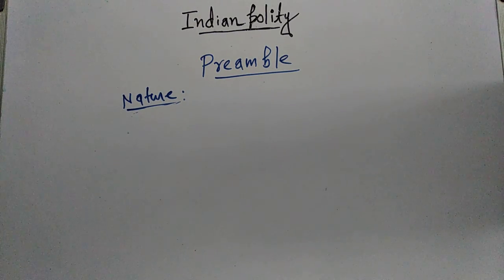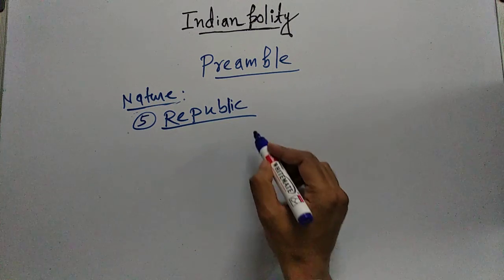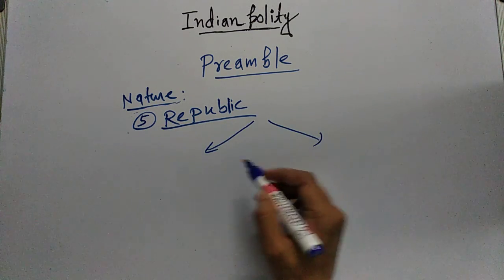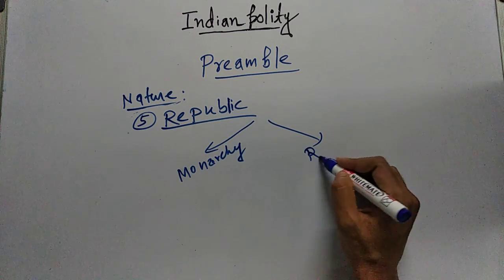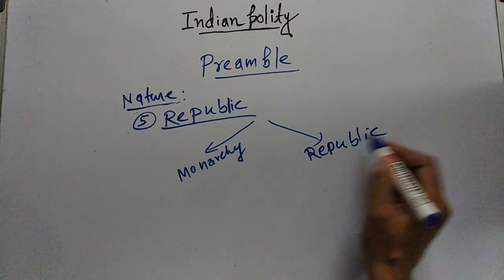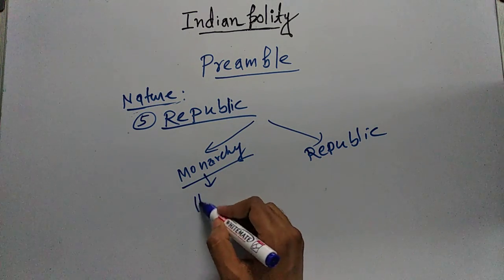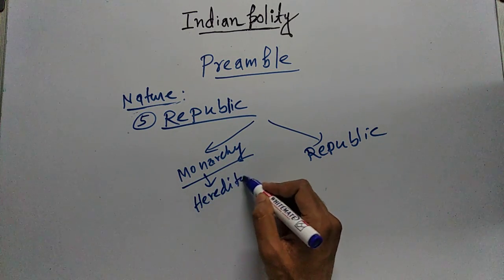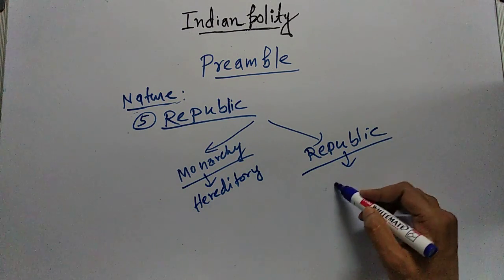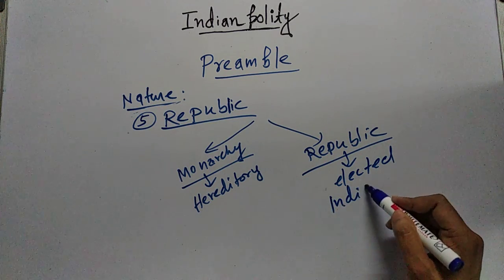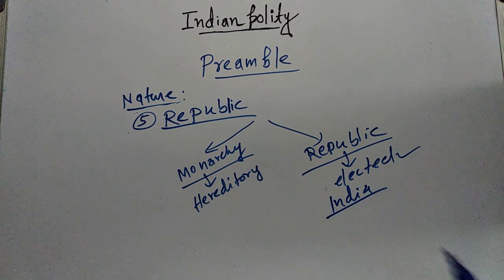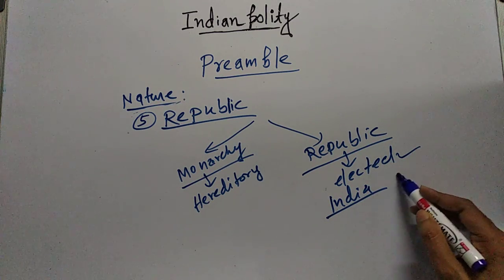Now we will read republic. Any democratic polity can be divided into two. One is monarchy and another one is republic. Monarchy means the head of the state enjoys a hereditary position, and republic means the head of the state is elected. For example, in India, the head of the state, that is the President of India, is elected indirectly, and he has a term of 5 years.